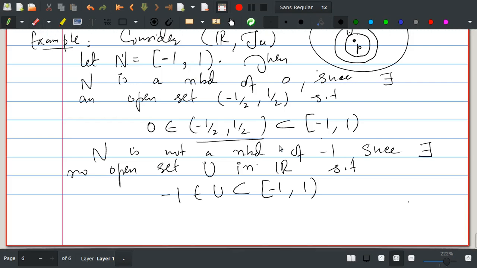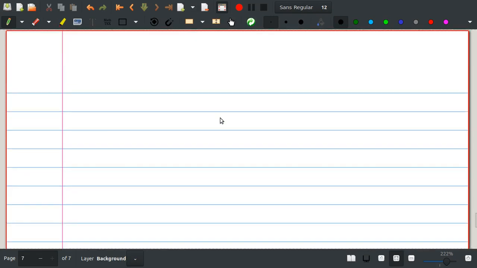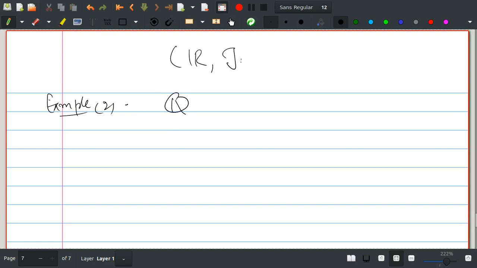Similarly, example two: if we look at the set of rational numbers Q, with R under the standard topology, Q is a subset of R. We claim Q is not a neighborhood of any of its points.